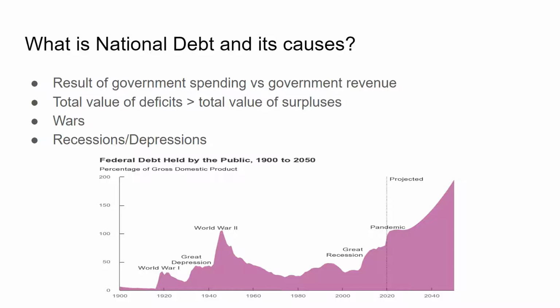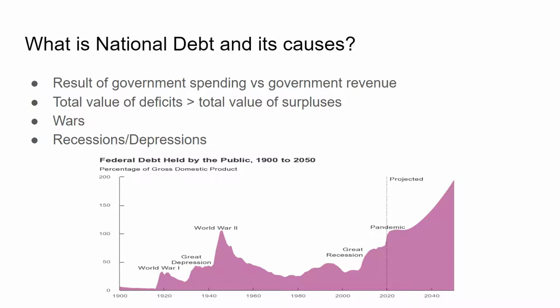In recessions and depressions, the government must spend more on transfer programs since more people qualify for them. And the government tends to attempt to stimulate the economy by spending more to create jobs, also causing an increase in spending.